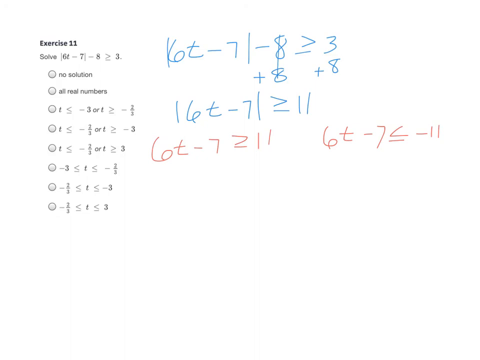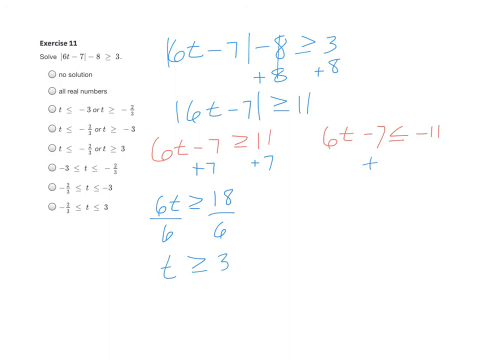So starting on the left, I'm going to get rid of that minus 7 by adding 7 to both sides. I get 6t greater than or equal to 18. Divide both sides by 6. T is greater than or equal to 3.